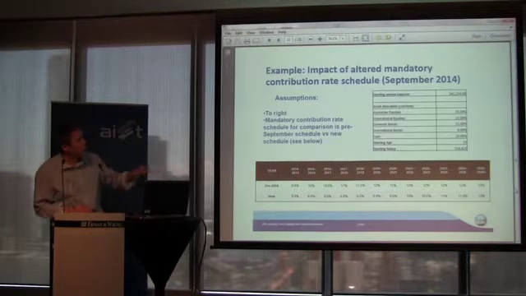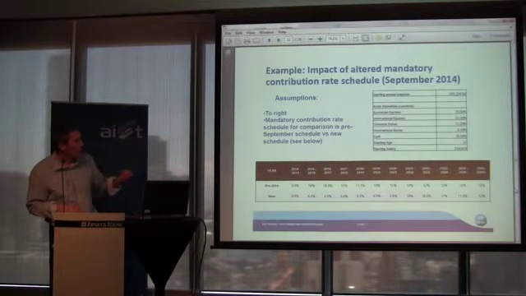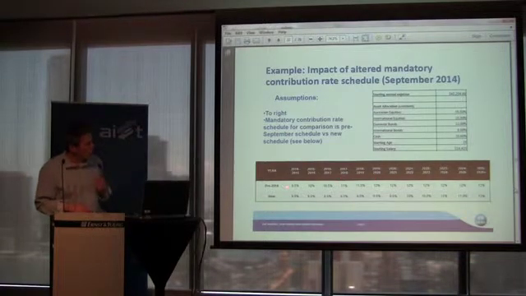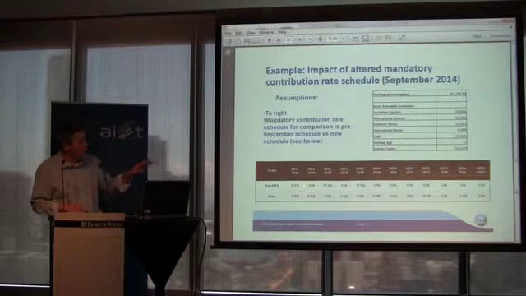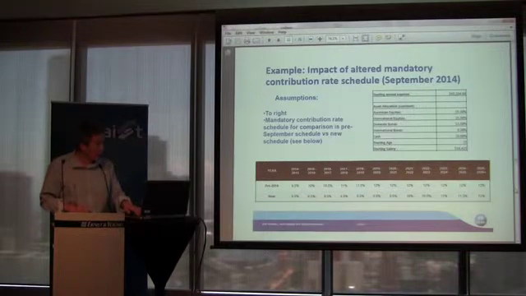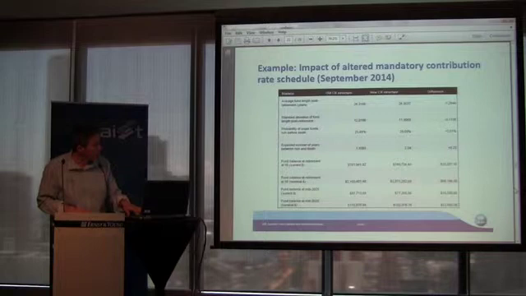So that's one example. In September, when the government changed the decision on the rate of contribution, we used the same model to forecast how it's going to impact how long you're going to work and how much money you're going to expect to get.